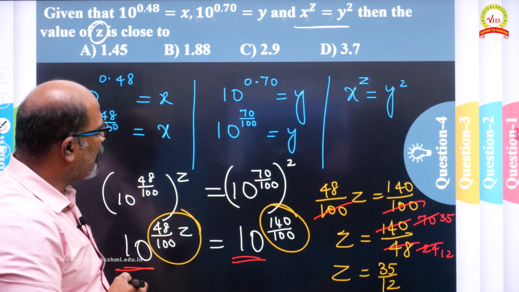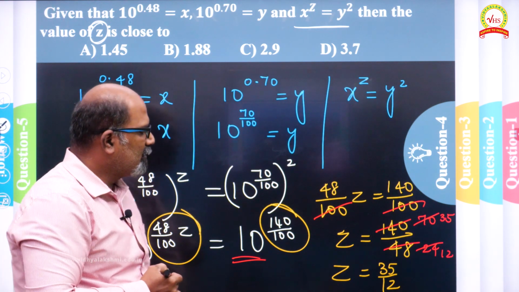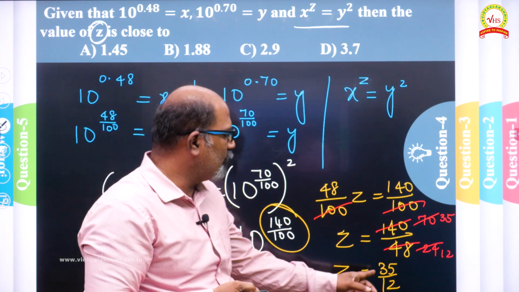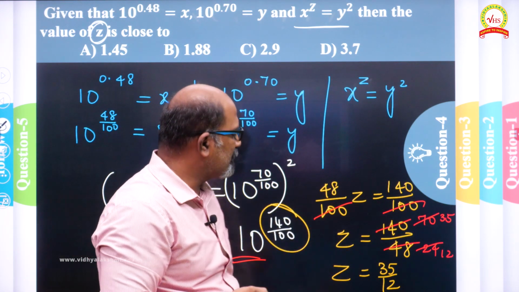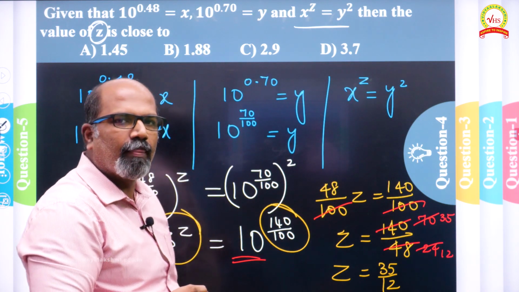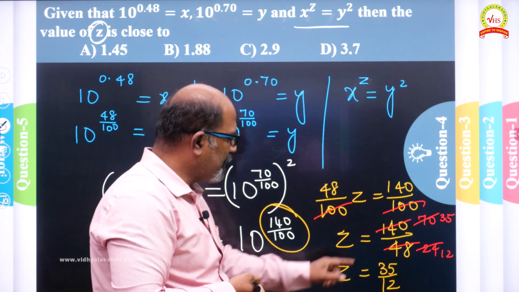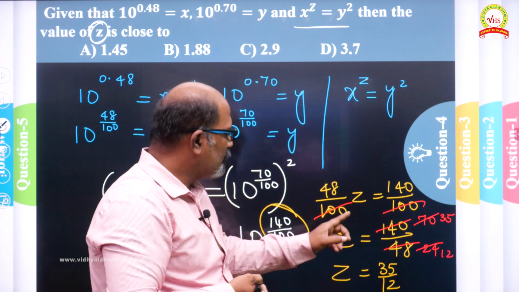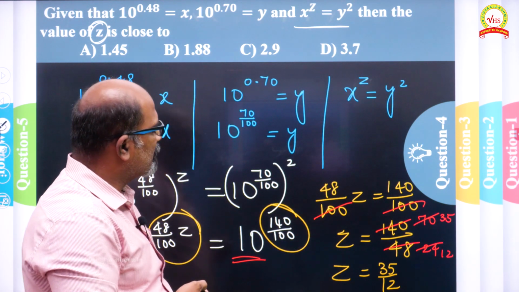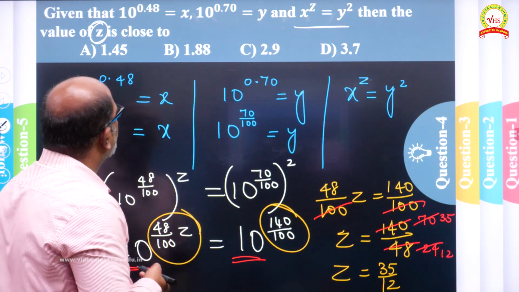When you divide 35 by 12, 12 threes are 36 actually. So definitely it is not going to be beyond 3. Okay, 12 threes are 36, but here we are having only 35. So the answer is not going beyond 3.